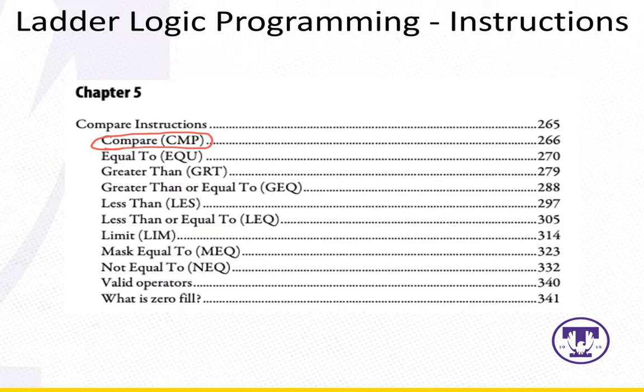You won't need to use actually any of these beyond limit. Mask equal to, not equal to, valid operators, and what is zero fill. You don't have to worry about any of those. But the 5 here, equal to, greater than or equal to, less than or equal to, those will be very helpful to you and important. Let's talk about just a few of those.